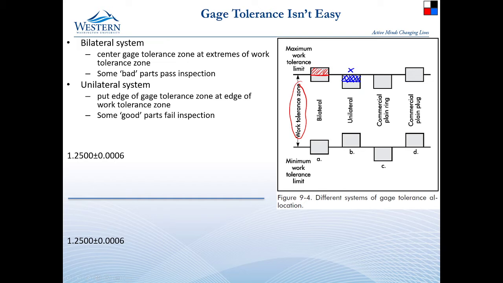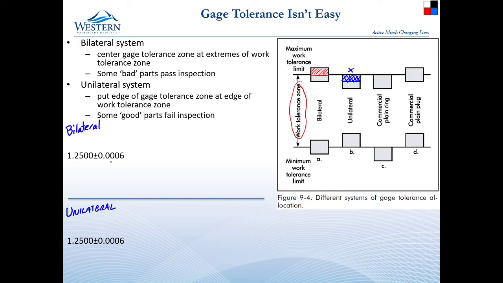So let's look at how we would do that in the numbers, just to make sure that we understand it. We're going to do some of them. So up here in this set, I'm going to do bilateral, and down here we're going to calculate unilateral.